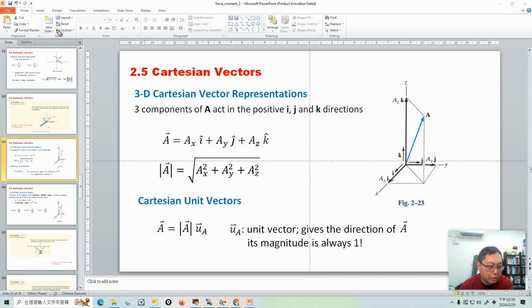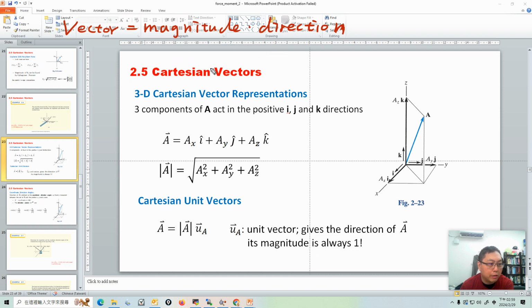When I say a vector is equal to magnitude times direction, it's a very important concept. A vector has magnitude and direction, and actually it's equal to magnitude times the direction.